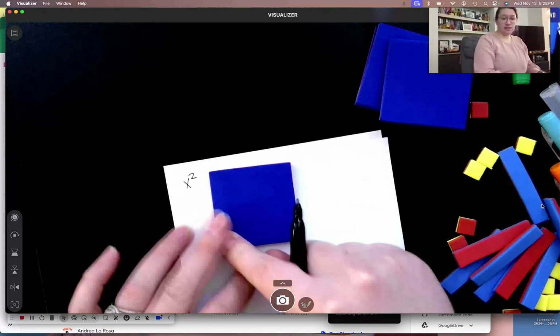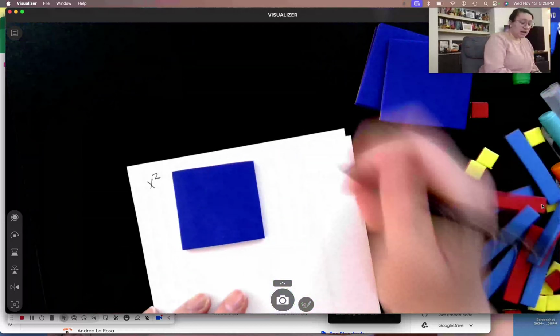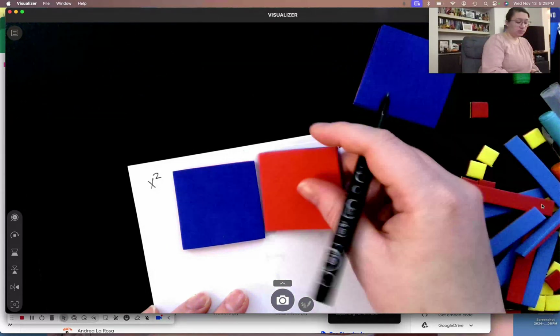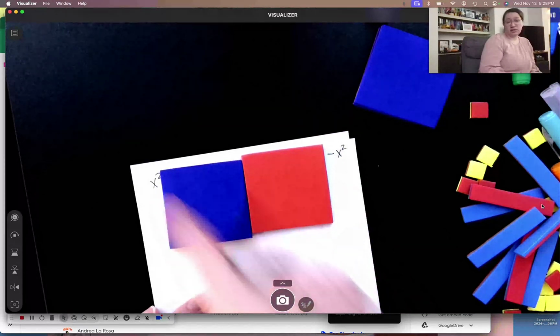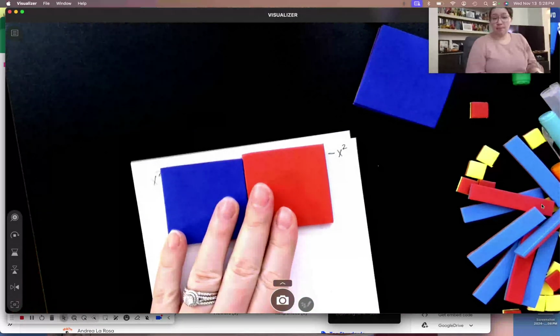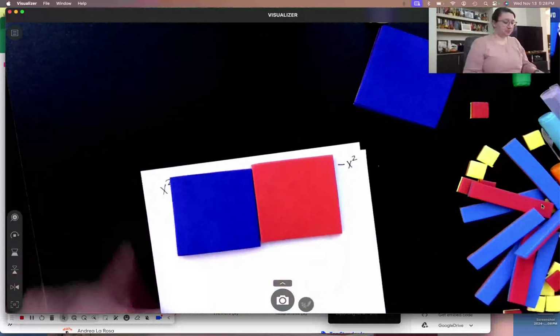This side length is x, this side length is x. It's positive because it's blue. If we wanted a negative x squared, though, we just flip that over and it would be on the red side. The red side means it's negative, the blue side means it's positive. We will only get into using these when we're combining like terms if we have variables with exponents to them.